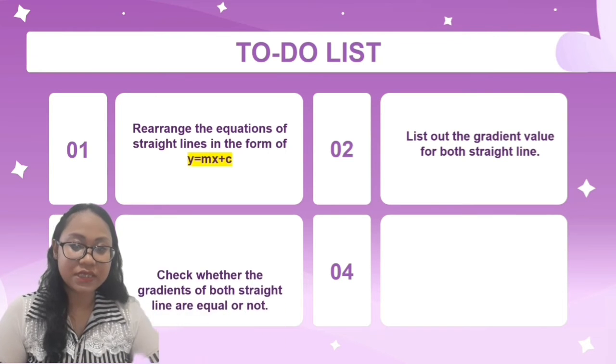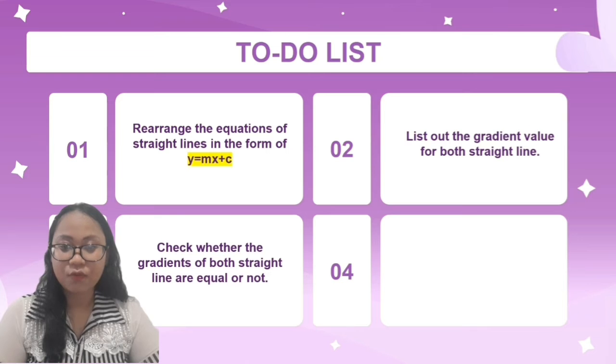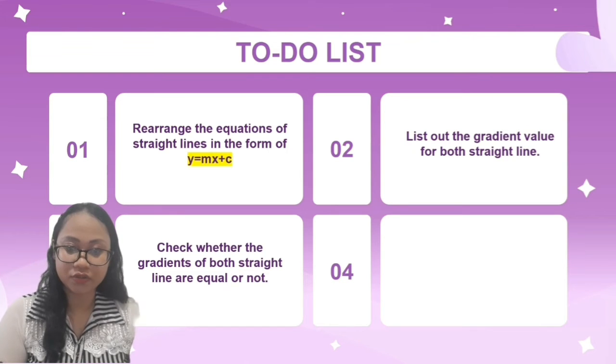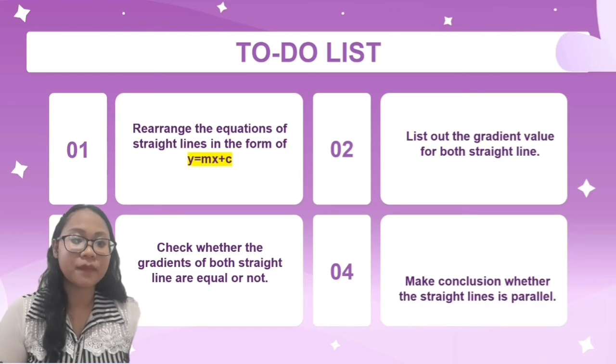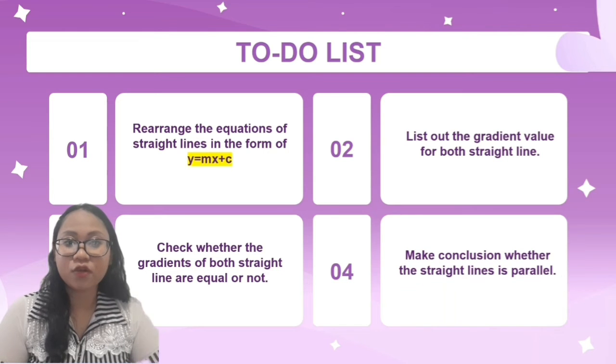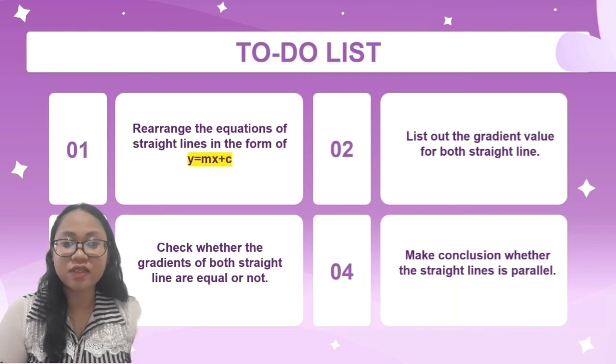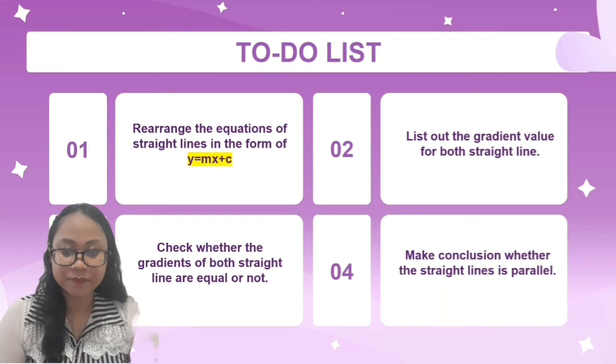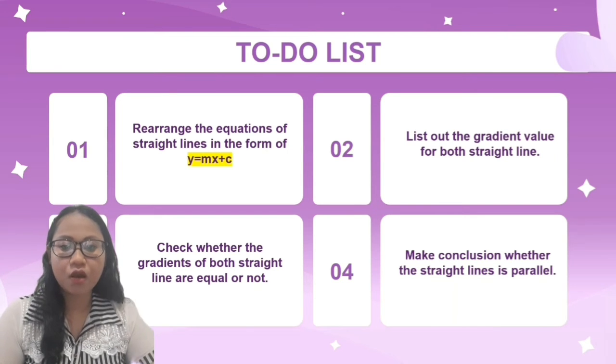The next step is we need to check whether the gradient of both straight lines are equal or not. Lastly, make conclusions whether the straight lines are parallel by referring to the gradient value of both straight lines. Please remember all of these steps since we will use them later to solve the problem.